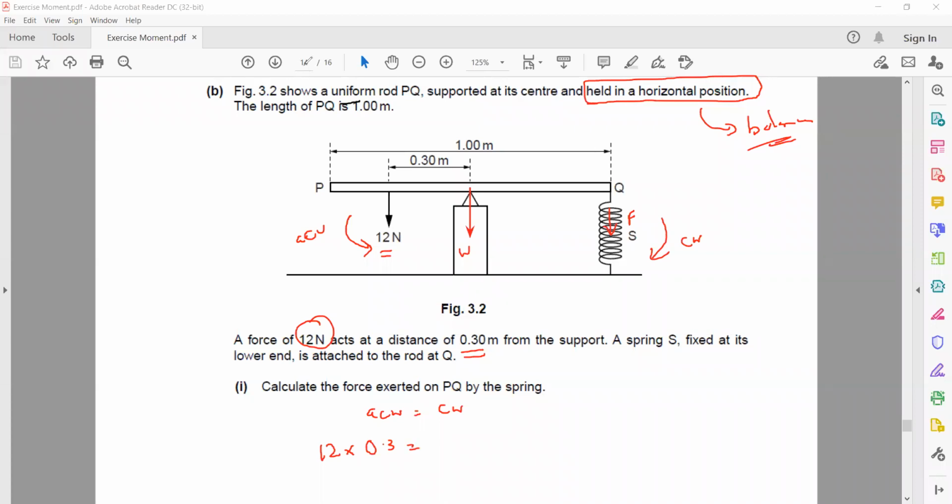And the other force we don't know, that is F. And what about the distance? It's half of 1, which is equal to 0.5. So 0.5 is multiplied, on the other side it will divide. So 12 into 0.3 divided by 0.5, you will get the force applied by the spring. That's equal to 7.2 Newtons.